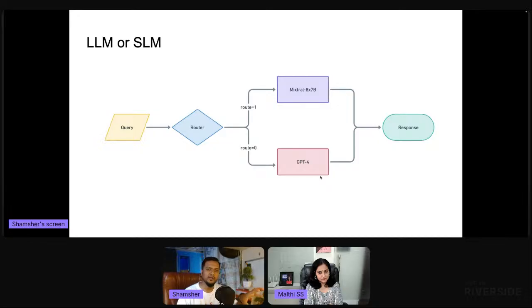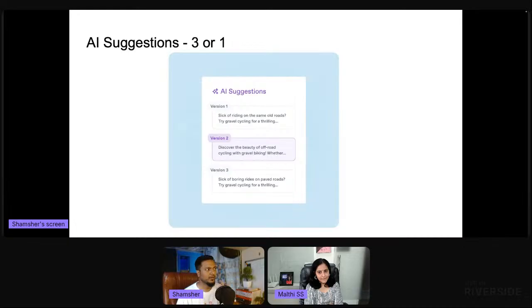So this is the thing that you will have to consider when you are building an AI feature into your product, or when you are building any AI product from scratch, right? The other thing that you will have to consider is when you are giving suggestions to your users based on their input, you will have to figure out whether you want to give them multiple suggestions or just one suggestion, right? Each of these suggestions involves tokens, and it needs some processing from the LLM, which requires GPU, which requires cost.